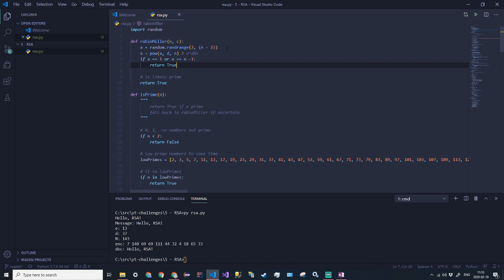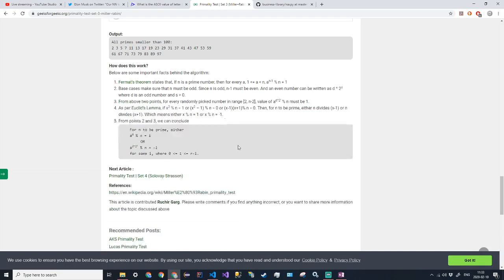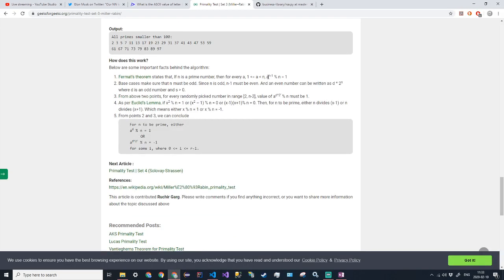If x is equal to 1, then it's likely a prime number, or if it's equal to n minus 1, then it's also likely a prime number. This is based on the statement that a to the n minus 1 modulo n is equal to 1.